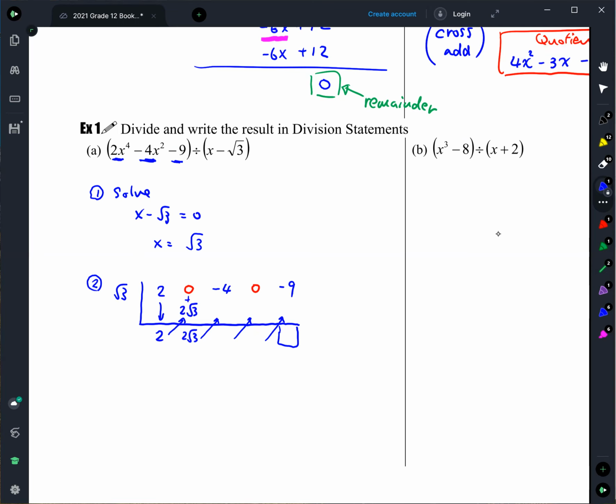Yes, very good. 2 root 3 times root 3 is 6. We add, we get 2. Please continue this cross and add until you get the remainder.